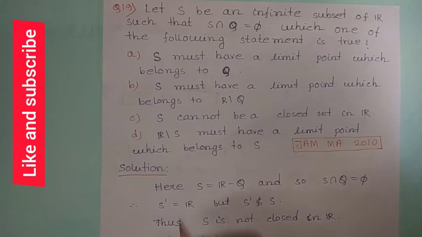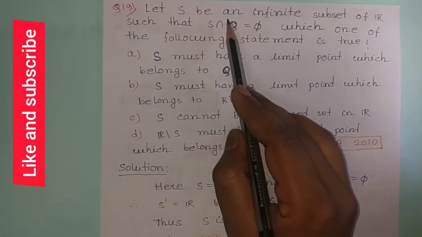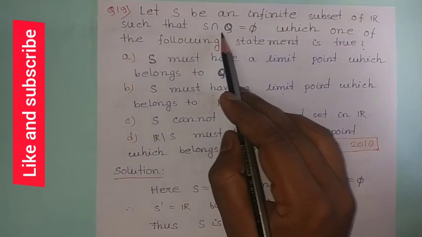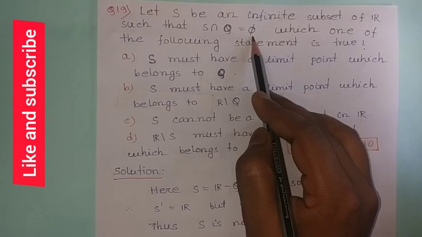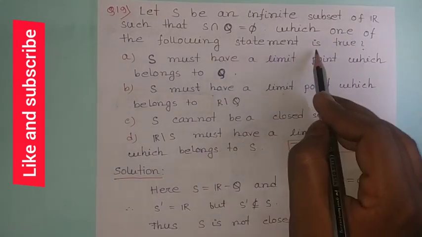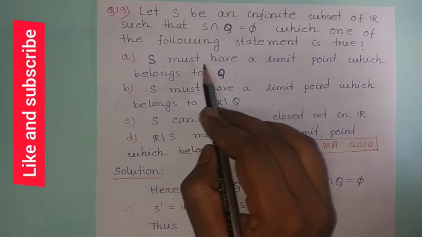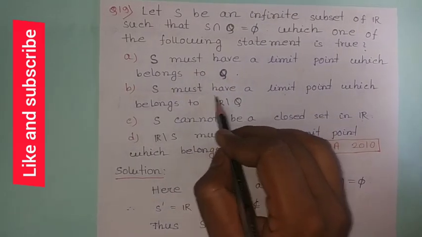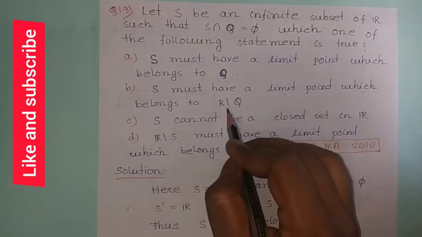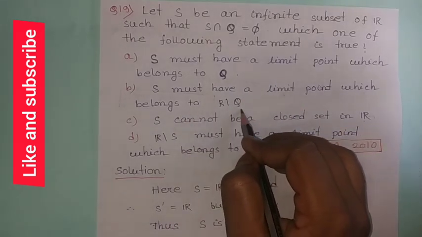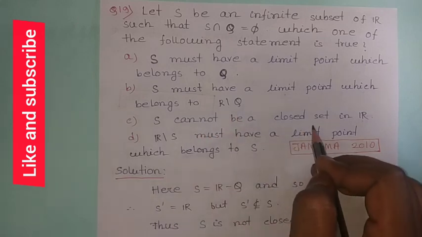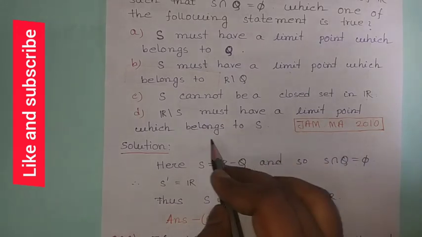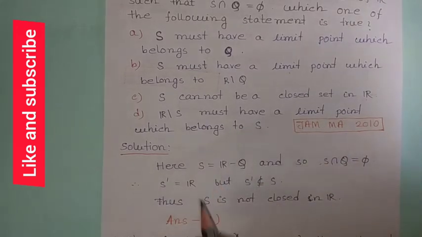Now question number 19. Let S be an infinite subset of R such that S intersection Q equal to phi. Which one of the following statements is true? S must have a limit point which belongs to Q. S must have a limit point which belongs to R minus Q. S cannot be a closed set in R, and R minus S must have a limit point which belongs to S. Solution.